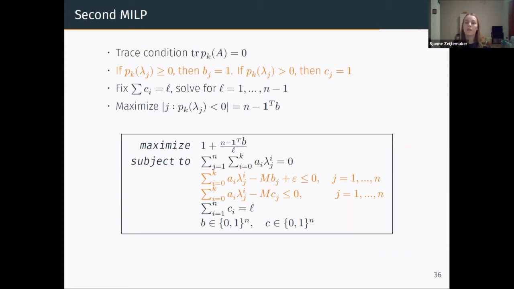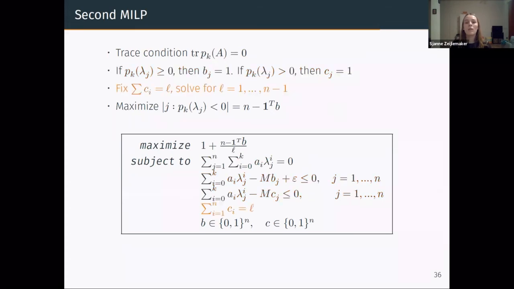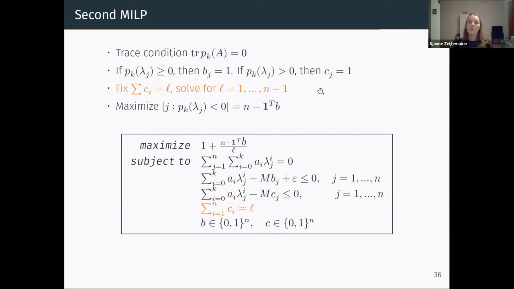Together that is enough to compute everything. And to linearize our bounds, we fix the number of eigenvalues where p is positive. So for 1 up to n-1, we will again solve a separate mixed integer program. And by doing so, you see that this objective function is now linear, and it expresses exactly what we wanted to compute.